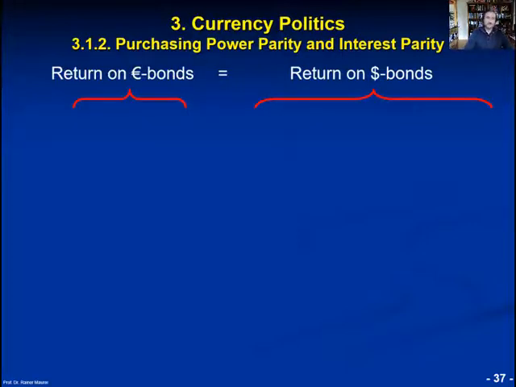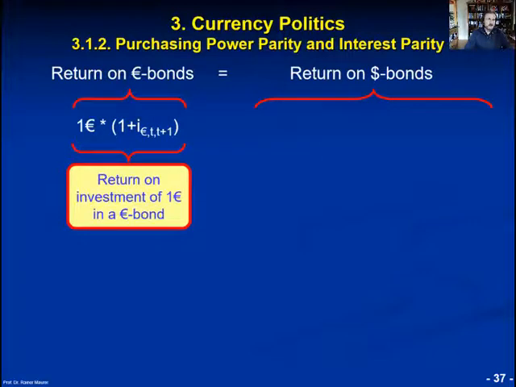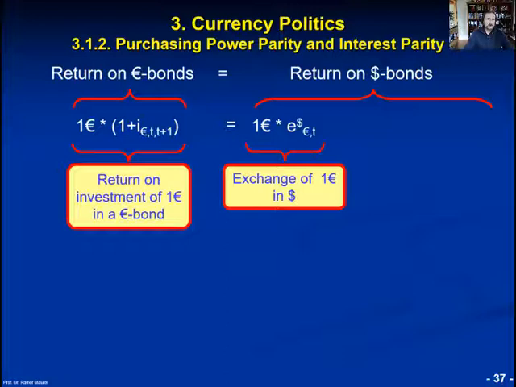Let's review this equation. In an equilibrium on the spot exchange market, the following equation must hold. The return on investment of euro in a eurobond must be equal to the return of the same amount of euro in a dollar bond.